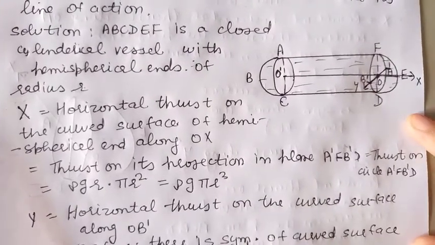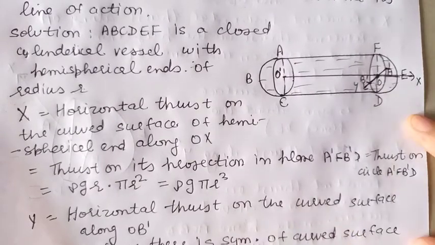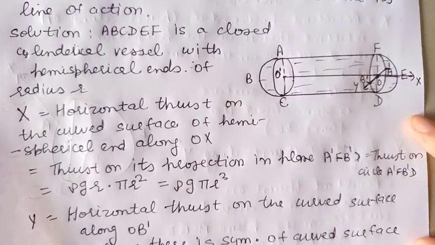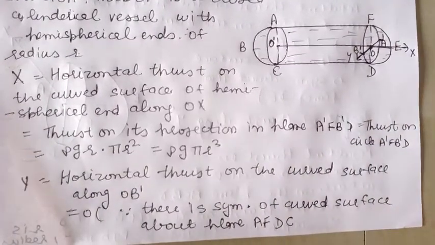Now the horizontal thrust on the curved surface along the line OY will be 0, because we can see that there is symmetry of the curved surface about the plane AFDC. Now it remains to find the resultant vertical thrust.